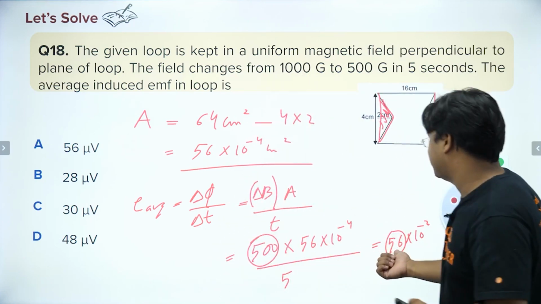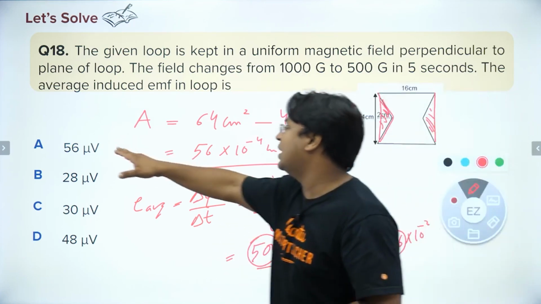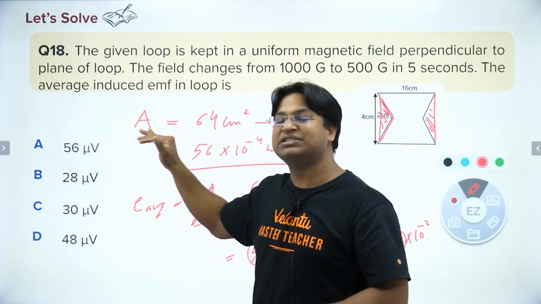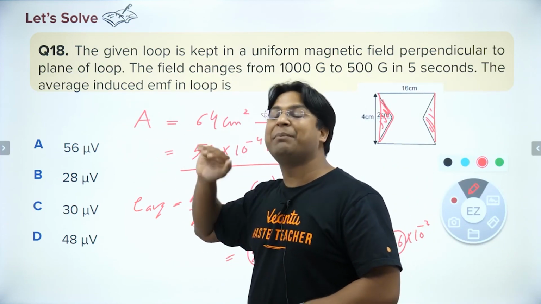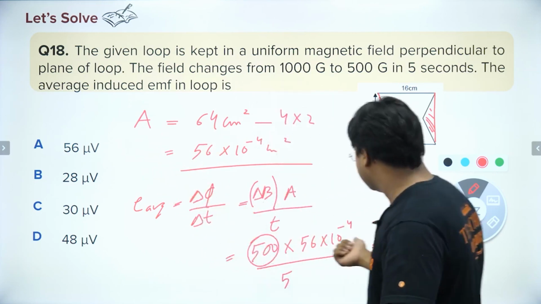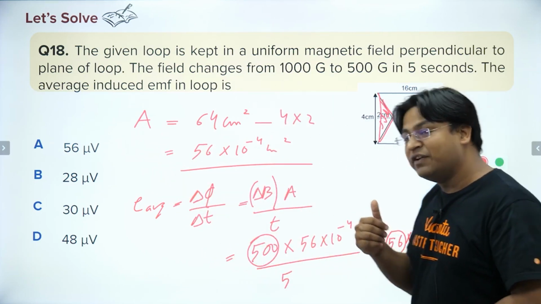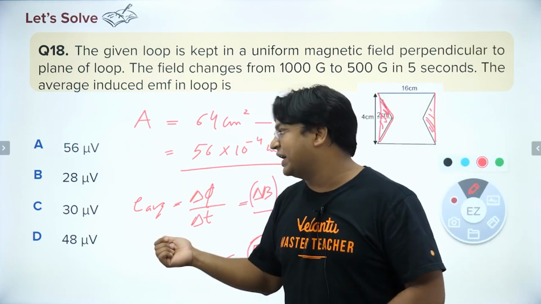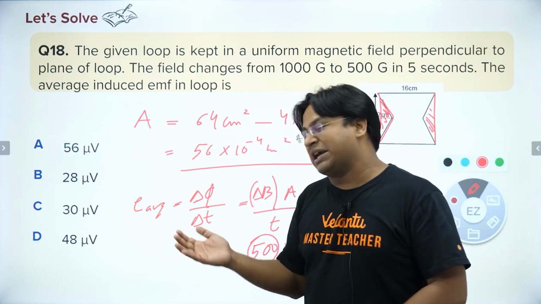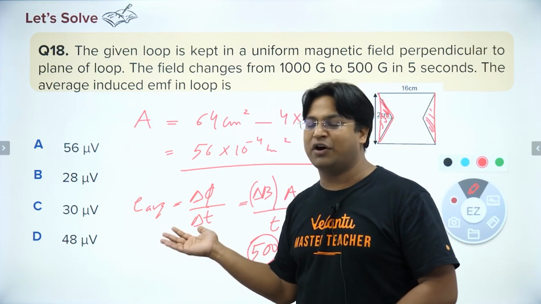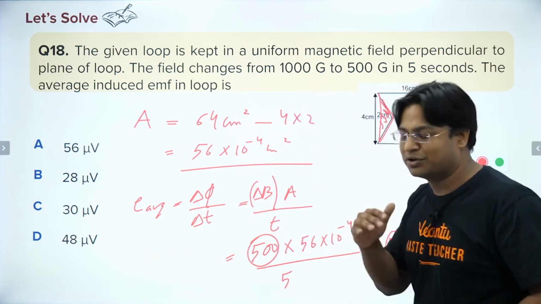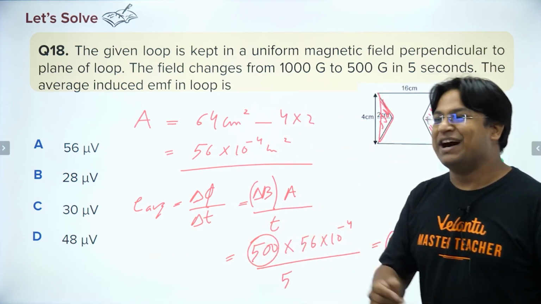That will actually change this number. Unless Gauss and Tesla are related only by a power of 10, this number is going to change. So can we be very confident regarding our answer? No. But that's the best you can do if you are not aware of how one Gauss and Tesla are related.